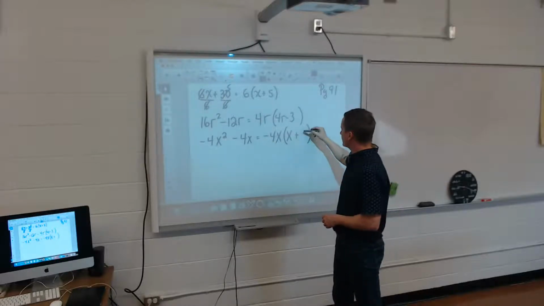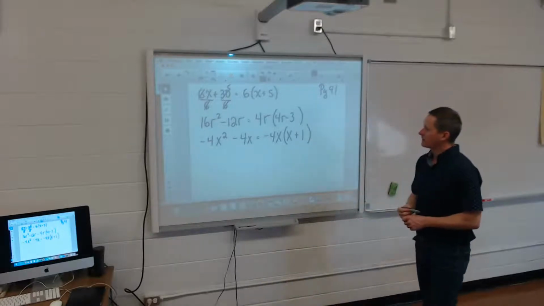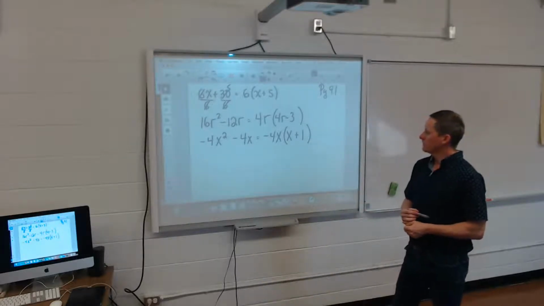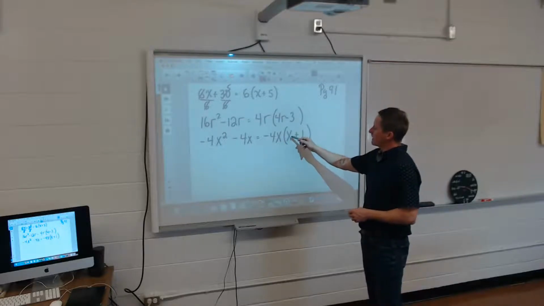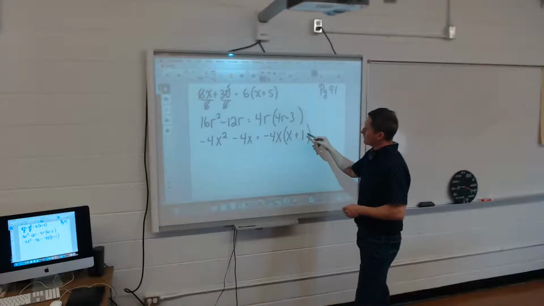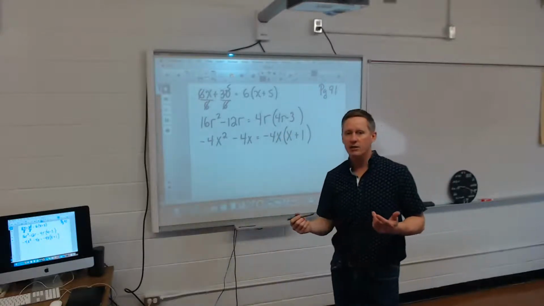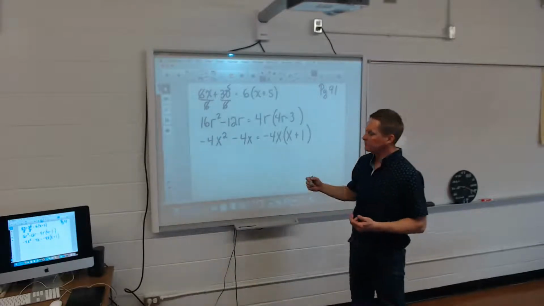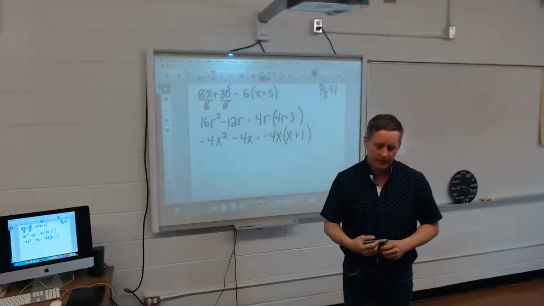X divided by x is also +1. So there's my factored solution. I take -4x. If I times it by x, I'm going to get -4x squared, which is that. -4x times 1 gives me -4x. So again, you can check your solutions on this if need be in order to see if you're getting it right.